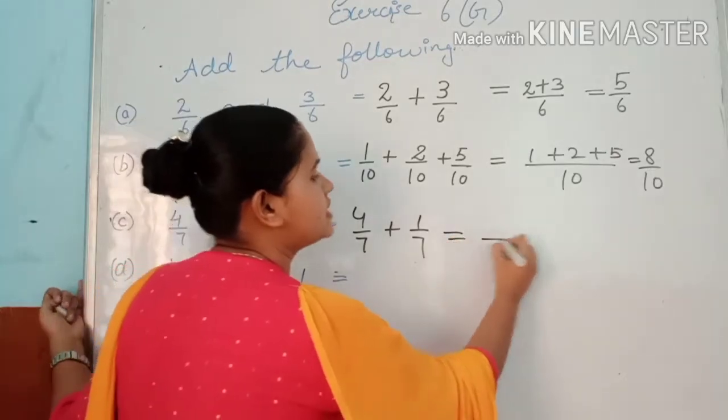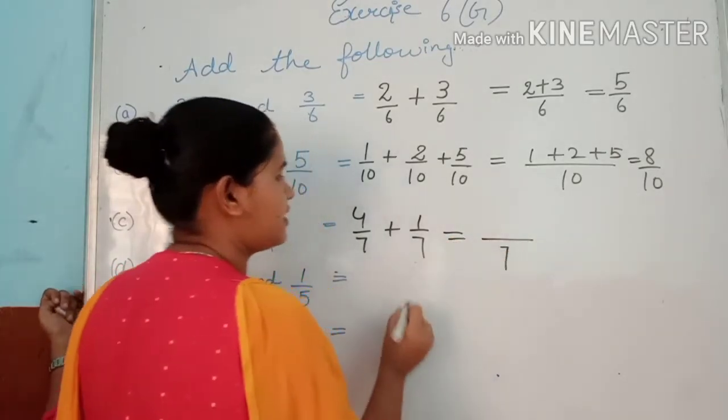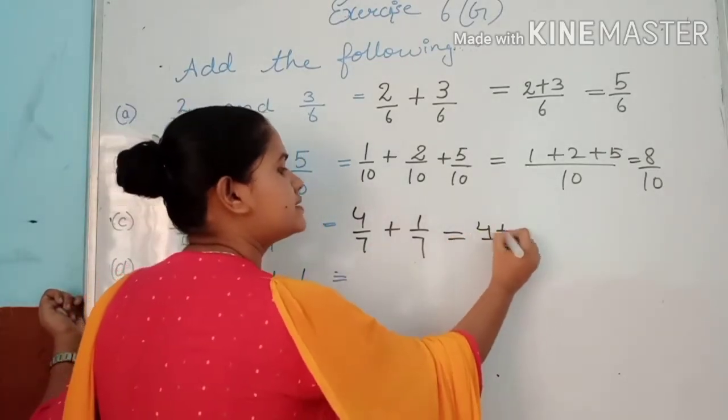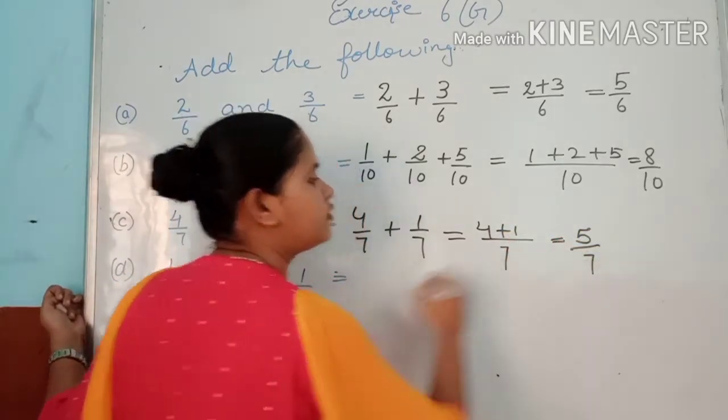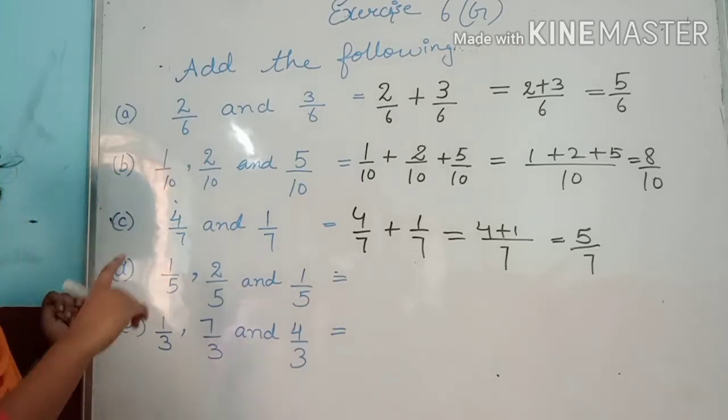Now as the common denominator is 7, 4 plus 1 becomes 5. So here is 5 over 7, the third answer.